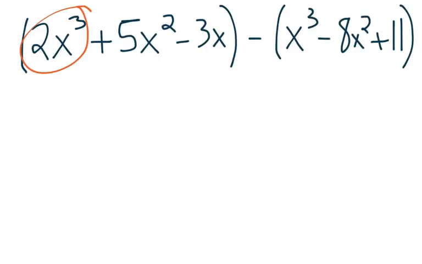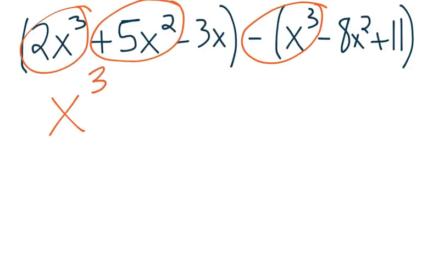So I have 2x cubed minus x cubed. So that's just going to give me x cubed. And then I have 5x squared plus, because remember, double negative, 8x squared.